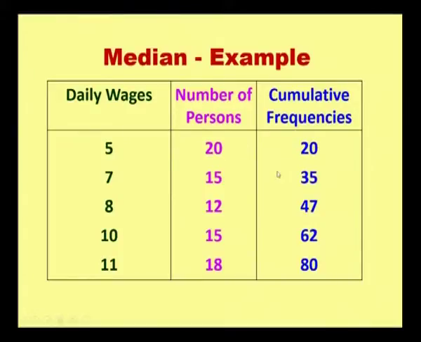That means, the cumulative frequency of a particular interval is all the frequency before that, so 15 plus 20 is 35, and 35 plus 12 is 47. In that way we can calculate the cumulative frequency.